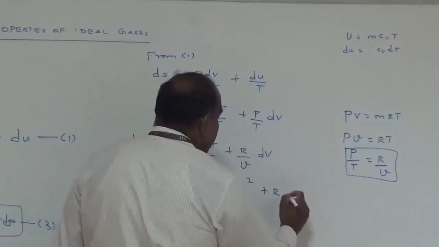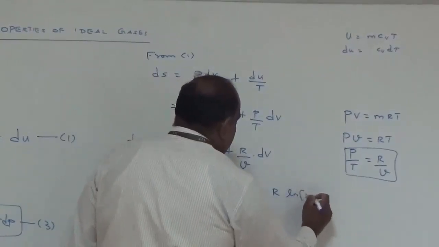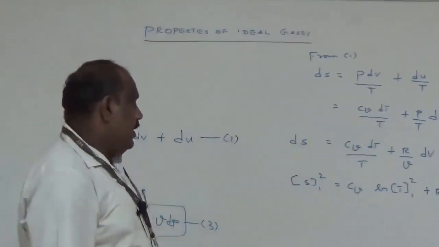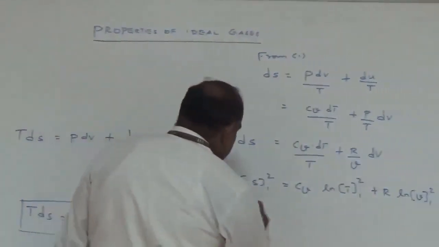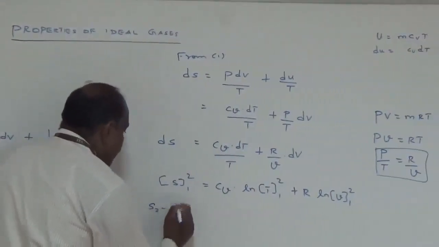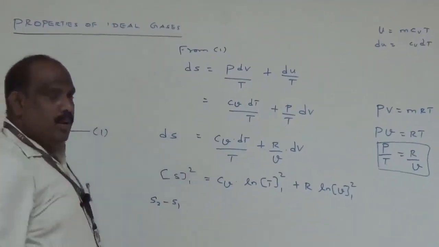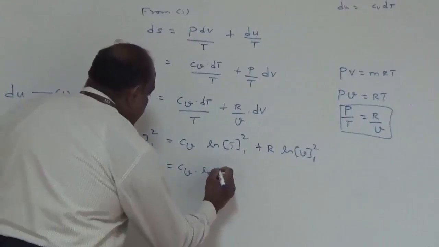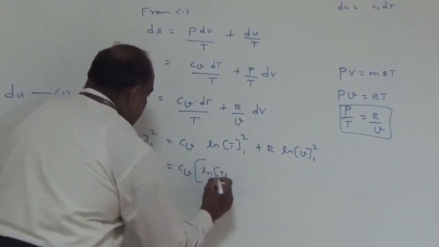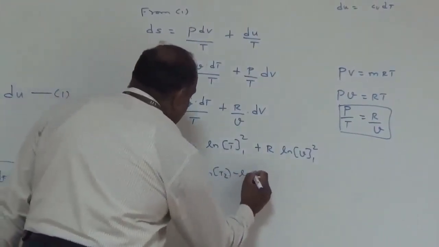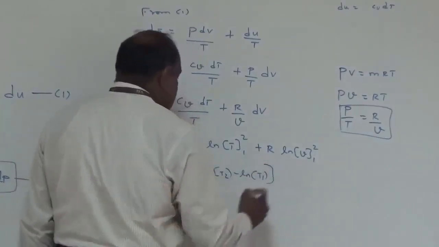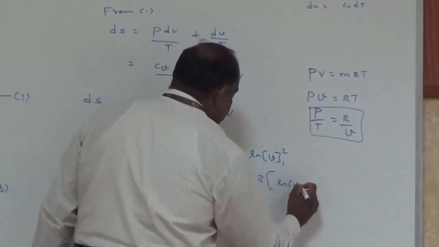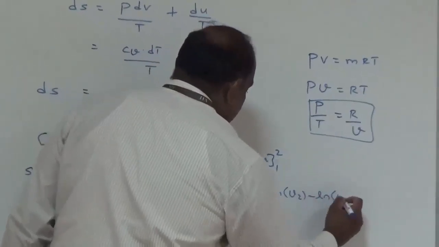When I integrate 1 by v, it becomes ln v, small v, 1 to 2. So it is s2 minus s1. Applying the upper limit minus lower limit, equal to Cv into ln of T2 minus ln of T1 plus R into ln of v2 minus ln of v1.